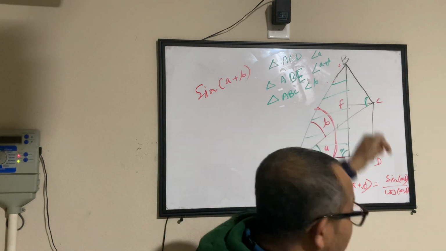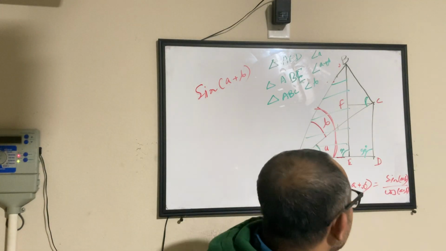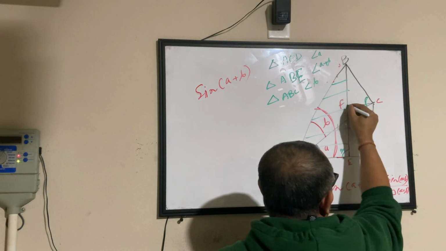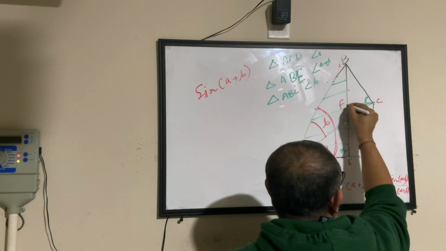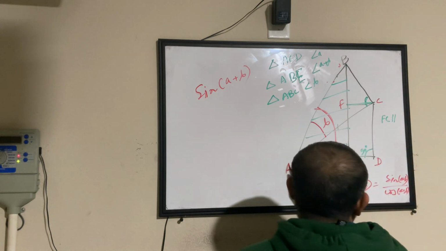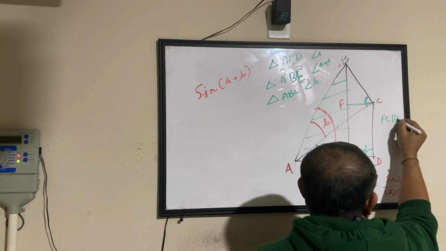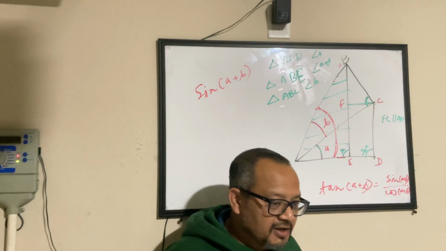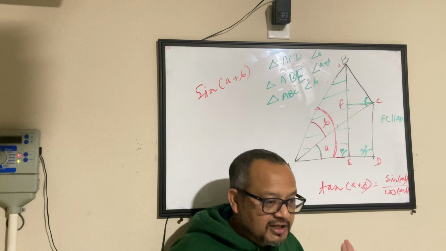And all these three triangles are right angle triangles. Only thing I have done is, from this point I have drawn a perpendicular here, so that this line FC is parallel to line AD. So this is just the drawing part. This is all about my drawing skills, nothing more.